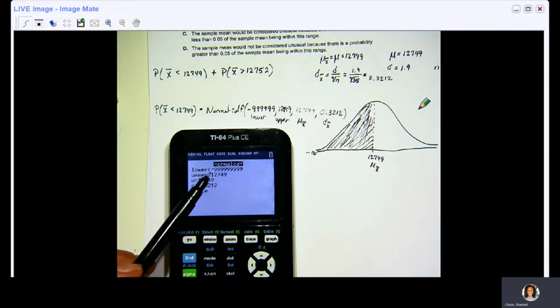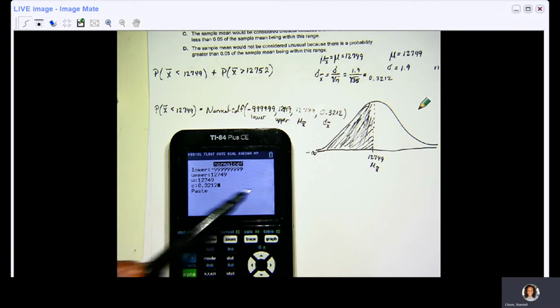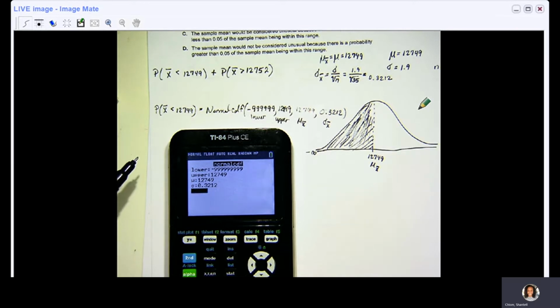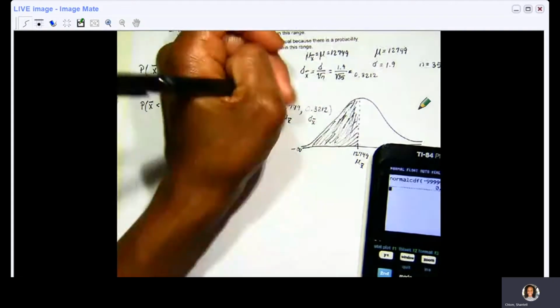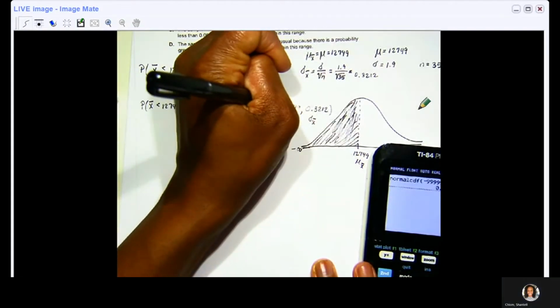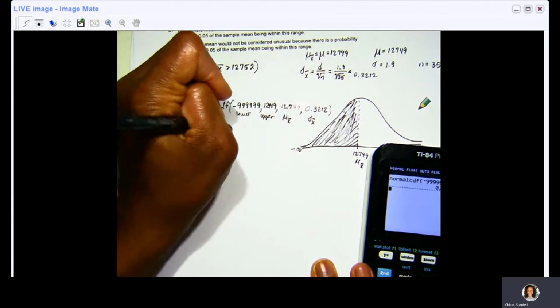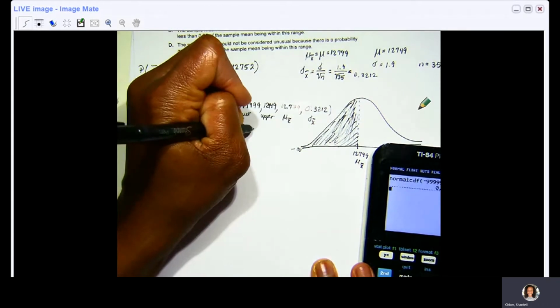So just make sure you verify your values: my lower bound, my upper bound, my mean, my deviation. And again, yes, the upper and the mean match. They're the same. So I hit enter, and then to paste, 0.5. Okay? So this area is 0.5000.